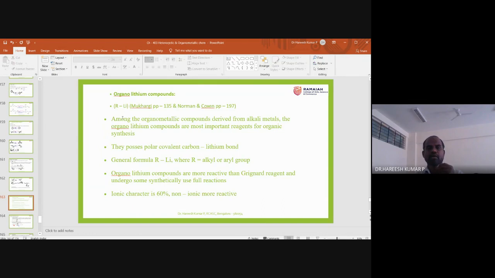So the general structure of organolithium is called R lithium. R may be an aromatic compound, R may be an aliphatic compound. Overall, if a carbon is bonded with lithium, then such compounds are called organolithium compounds.